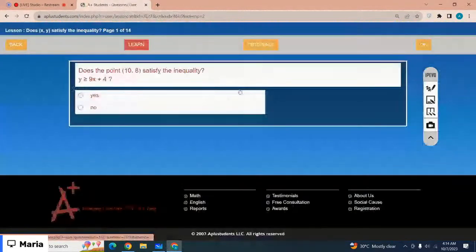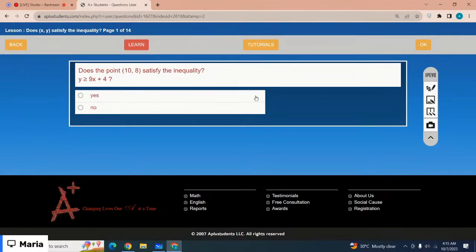Okay, does the point (10, 8) satisfy the inequality? So how do you check? You have to put the point (x, y) in the equation, and you need to see if the equation is true on the point. If the equation is true on the point, that means the point is a solution of the equation, right? So let's put the point in the equation.